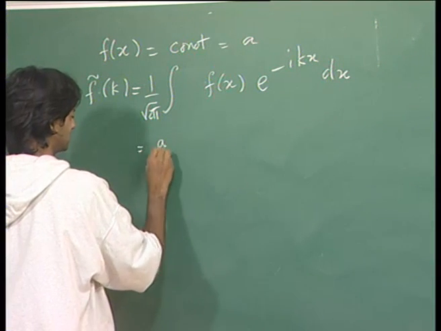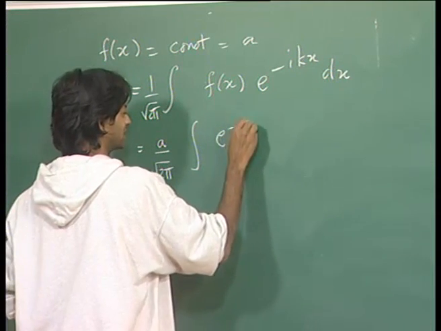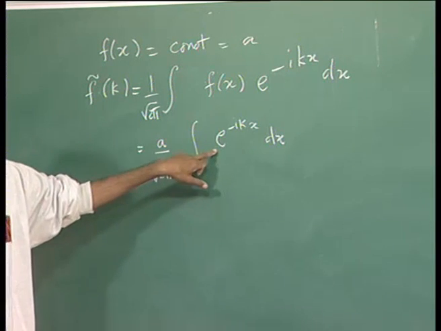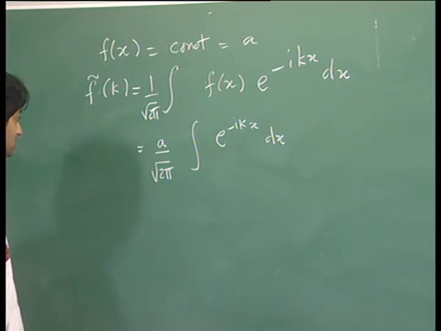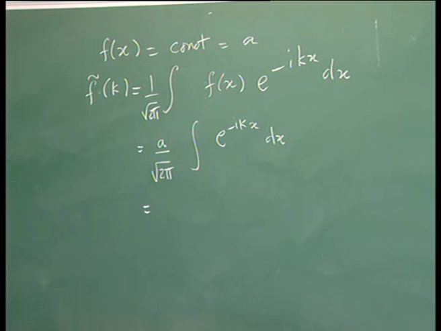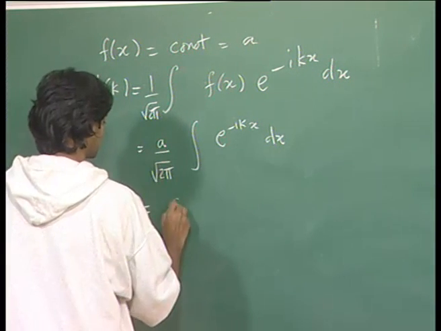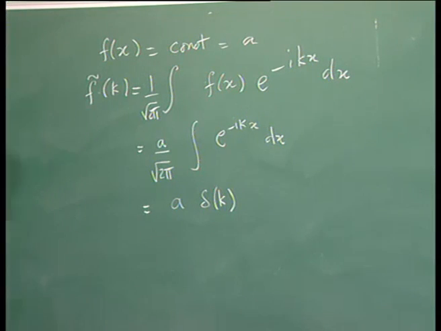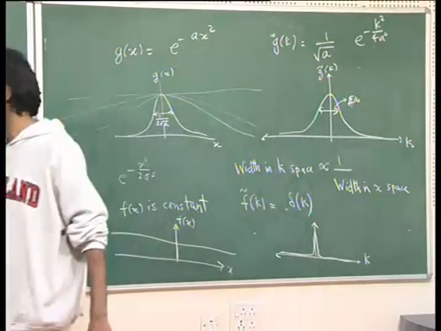So a times 1 by root 2 pi integral e to the minus i k x dx. Okay, then this we already said is nothing but a delta function in k. So, with some constants, this is just a times delta of k. Okay, so therefore if you have a constant function, then its Fourier transform is a delta function.